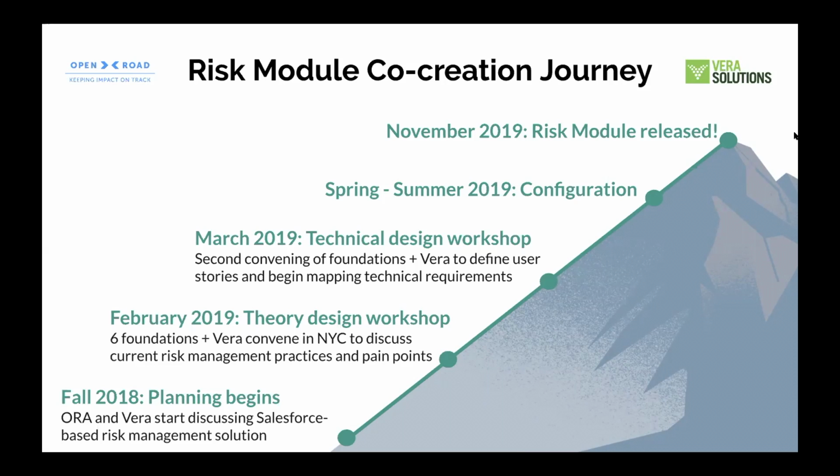We had institutional foundations like Rockefeller, family foundations like Siegel Family Foundation, corporate foundations like VTOL, and intermediaries like Global Innovation Fund and Skoll Foundation, really a wide swath of foundations that came together over a 6-month period, as you see in this slide, in a user-centered design process to try and design something that could work for everyone. And I think you'll see in the demo what I mean.